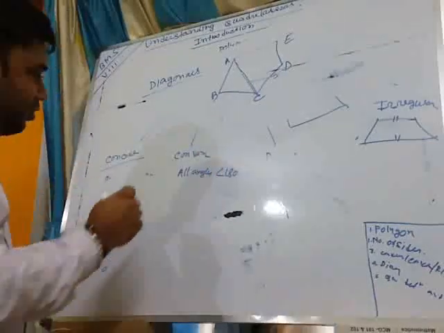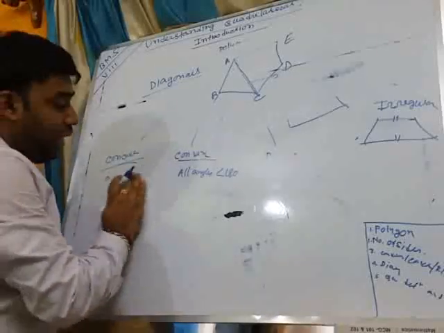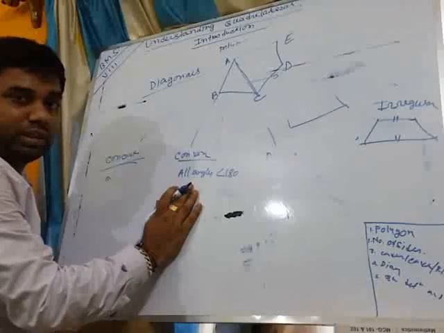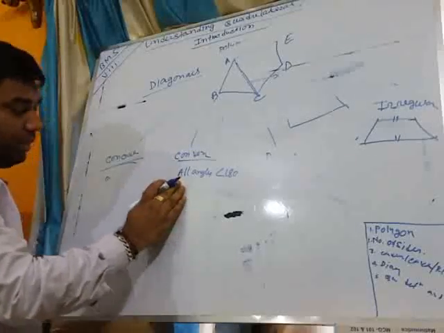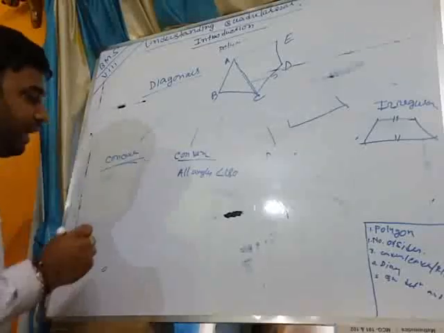Okay. In case of concave and convex, if all diagonals lie inside the polygon, that is convex. If any lies outside the polygon, that is concave. Take an example.